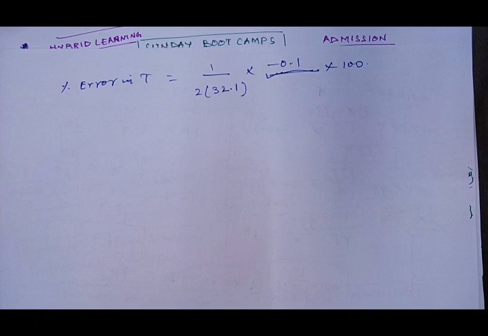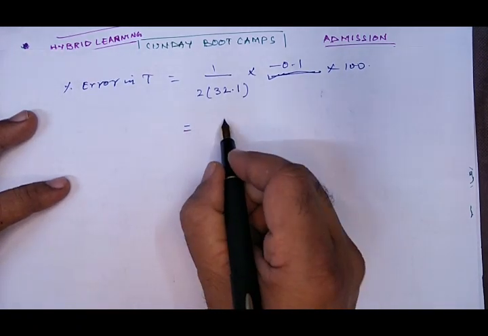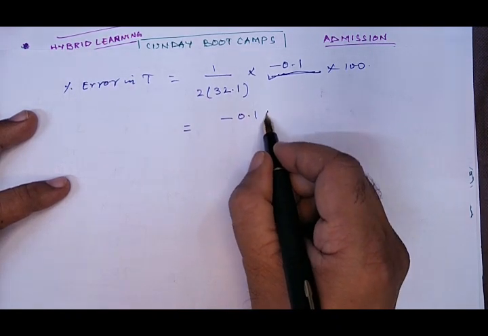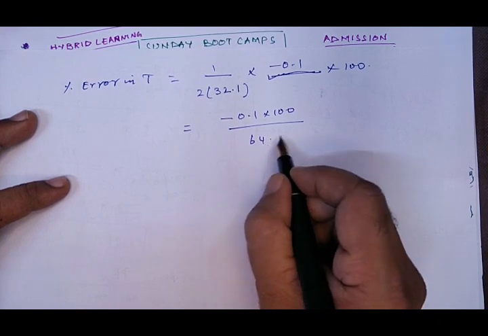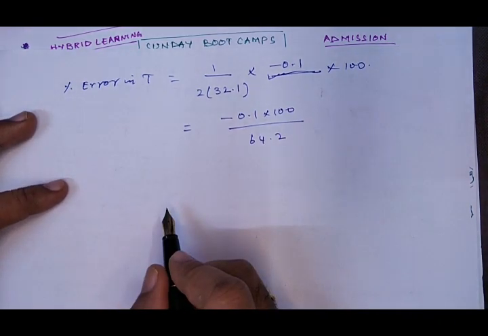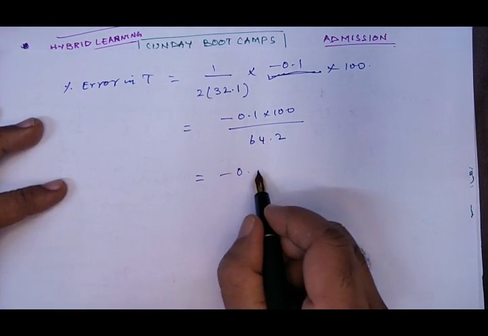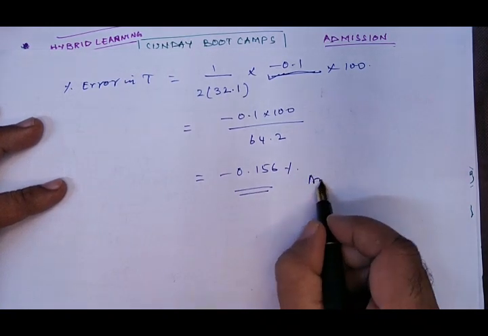So that gives you minus 0.1 into 100 divided by 64.2, that is 0.156%. This is the answer.